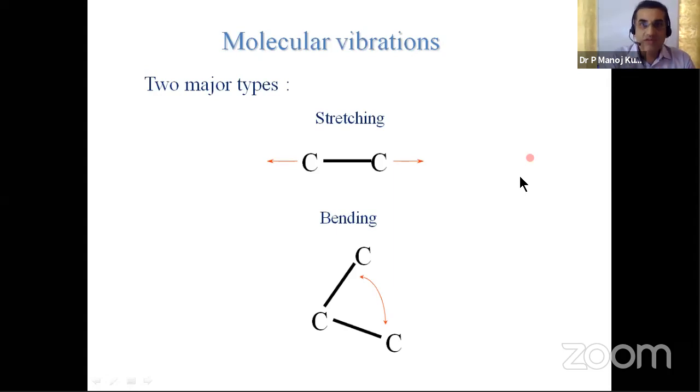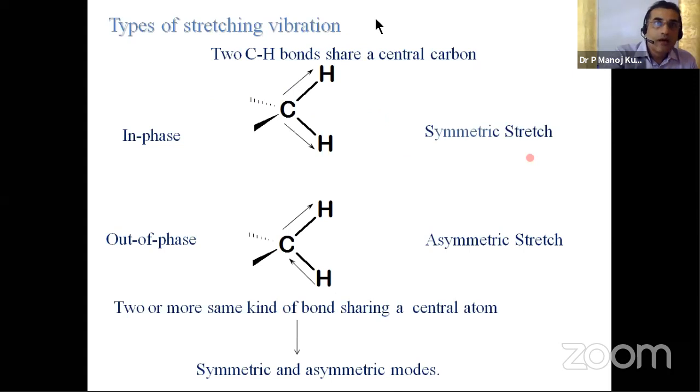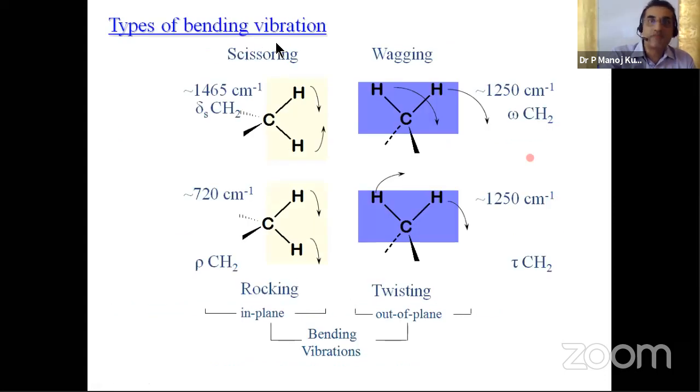One is the stretching vibration, and another one is the bending vibration. So, the types of stretching vibration and the types of bending vibration, I think I will make use of another animation, and then it can be more clear to you, I feel. So just a minute.